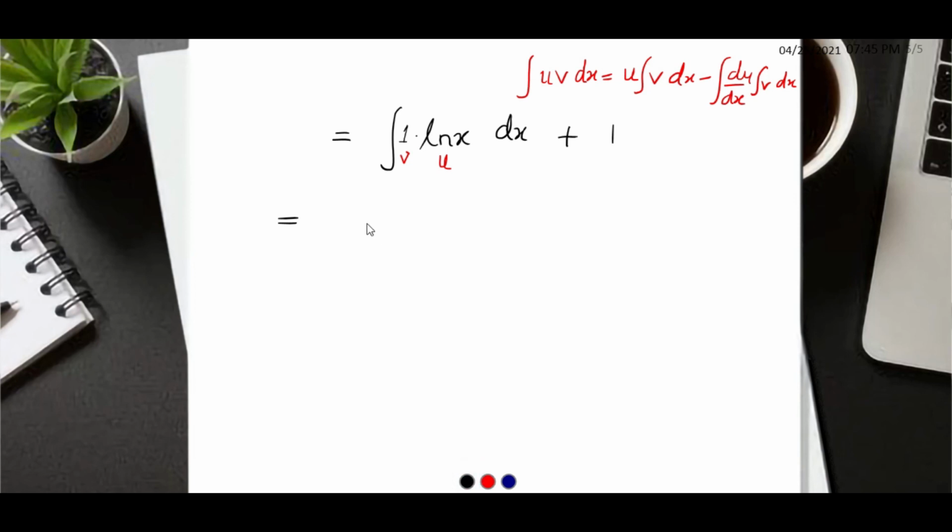So first log x as it is, integration of 1 is x, minus integral of the differentiation of log x, which is 1 over x, times x.